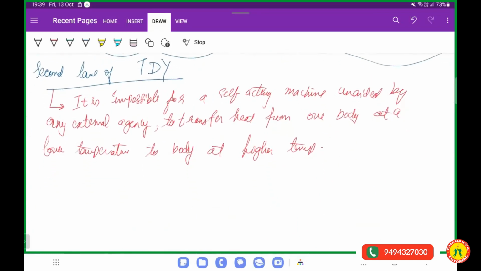In that case, our working system was the external source. We are giving electrical energy so that heat can be removed from the object. This system is used in your refrigeration. Refrigeration keeps your object, let's say water, cold.